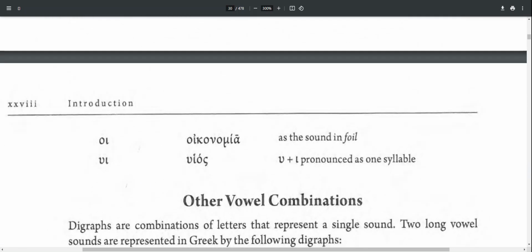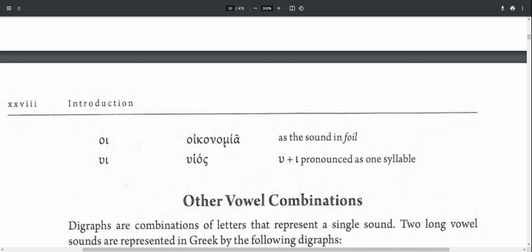Oi, oikonomia. It says to pronounce it as in foil, but I don't pronounce it as in foil. I pronounce it closer. So I say oi, oikonomia. And here, ui, huios, like a u and e pronounced as one syllable.